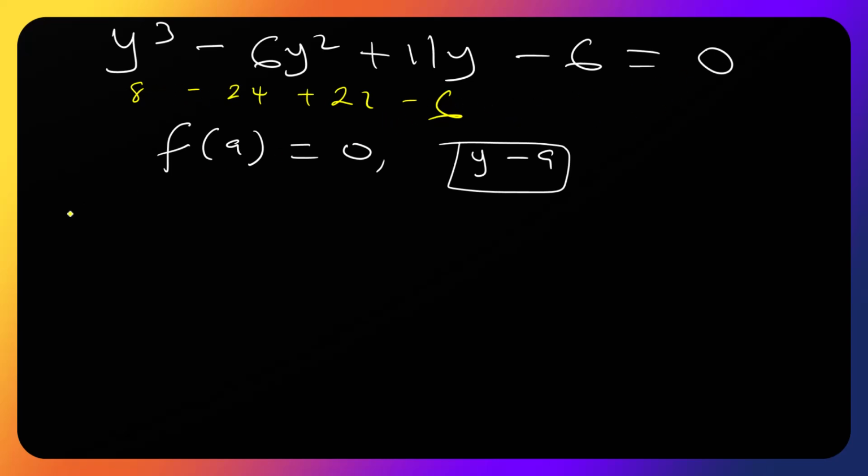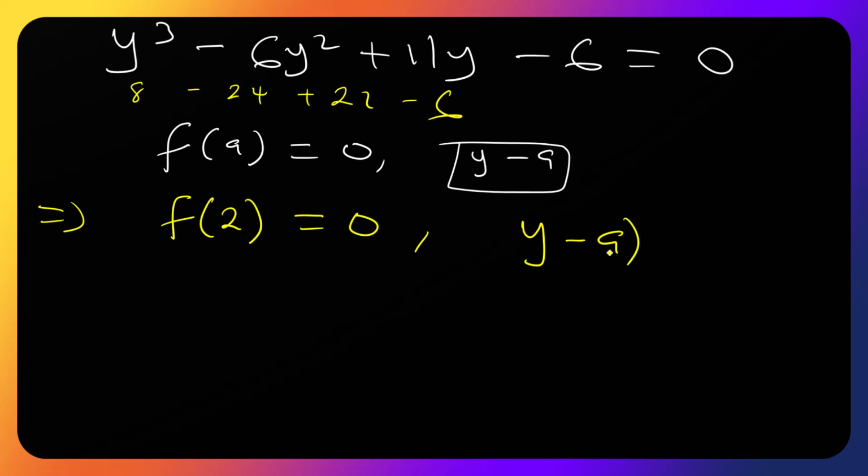Correct. It means f of 2 is giving us 0, and therefore y minus a, which is y minus 2, is a factor. So the first factor is y minus 2. We are going to divide this one by this to get the other two factors.